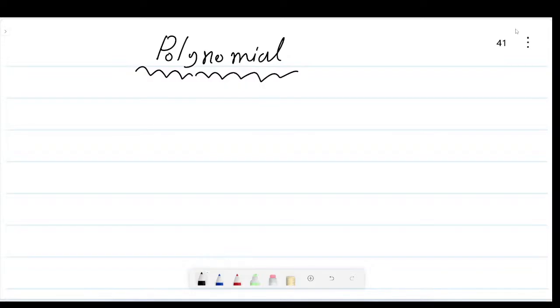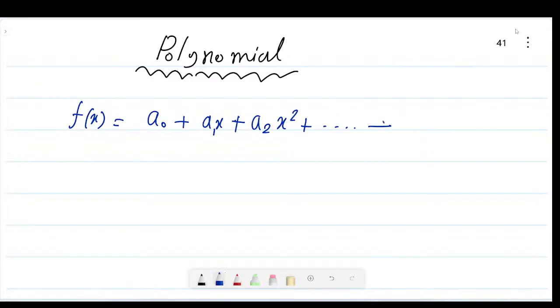So this is our polynomial general expression, that is a0 plus a1x plus a2x square and so on up to an x to the power n.